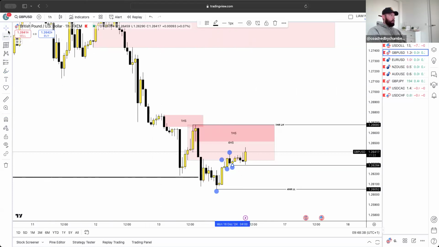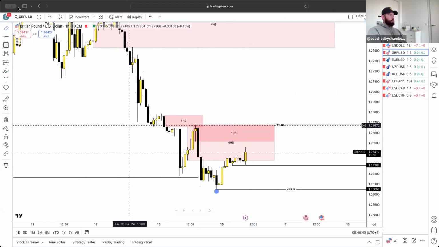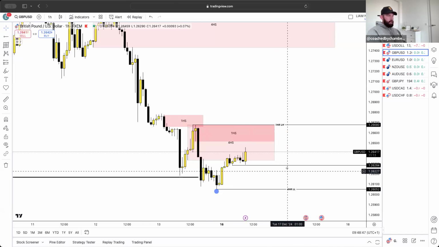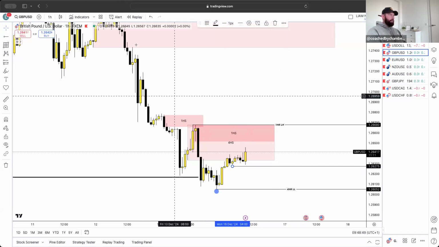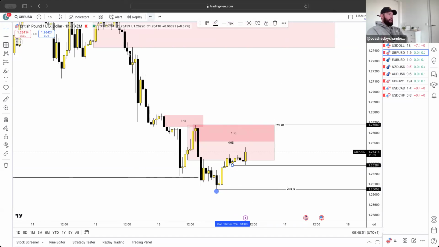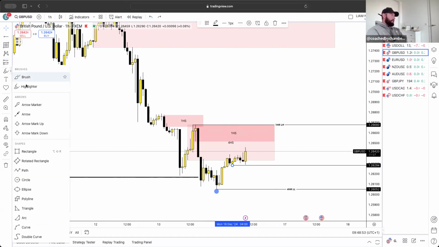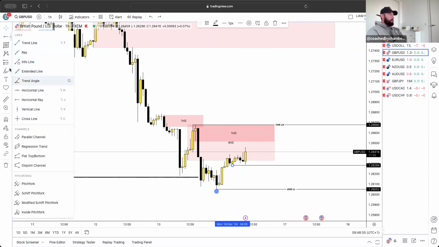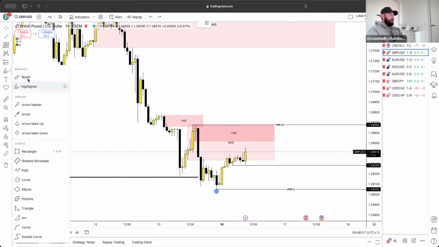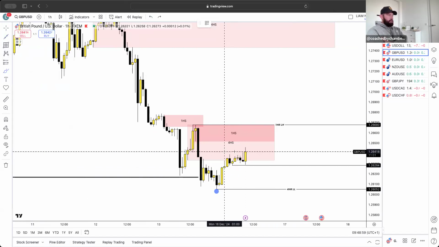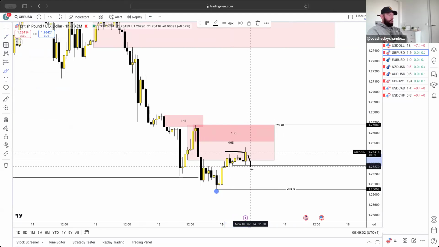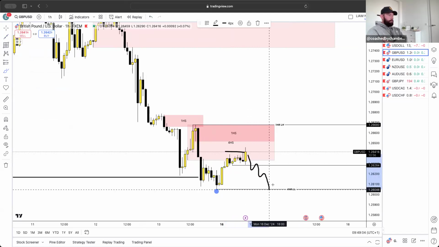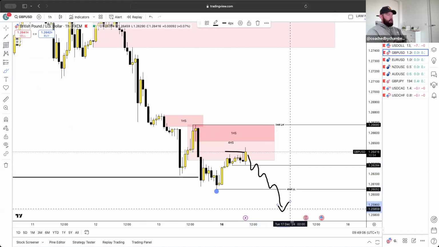So if I can get that low here broken, I think that would confirm to me that we now need to be participating on the lower time frames for the sells. So if we can use this as liquidity, we break below, I'll be looking at trying to sell downwards. So keep an eye on that.